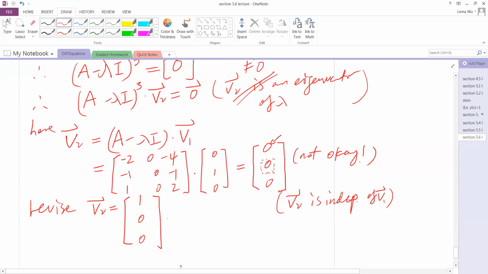Even though you have changed its entry, this equation still holds because this part is a zero matrix. Make sense? So this V2 would be the first generalized eigenvector.